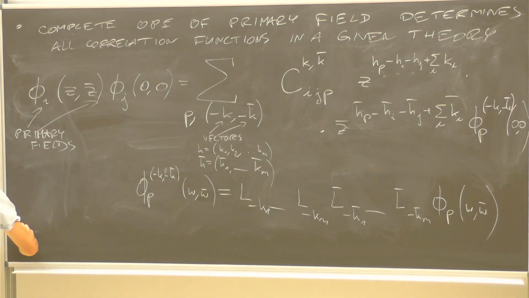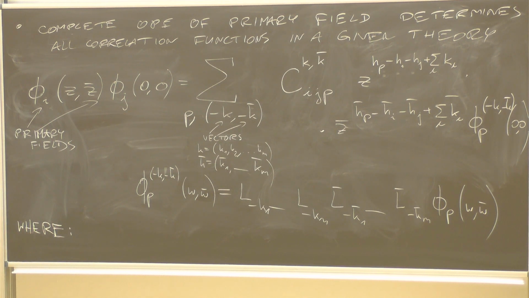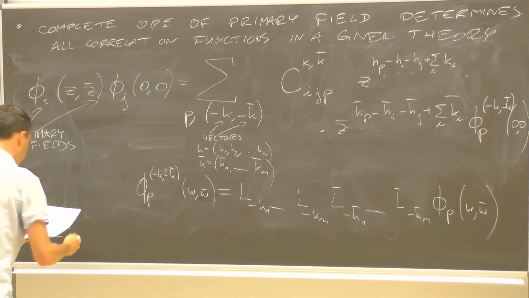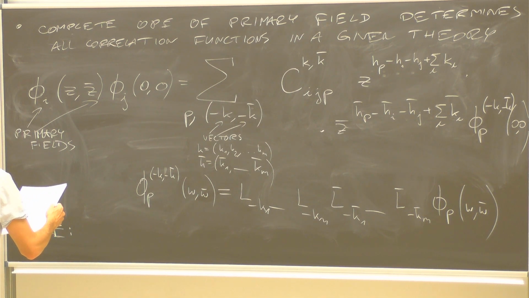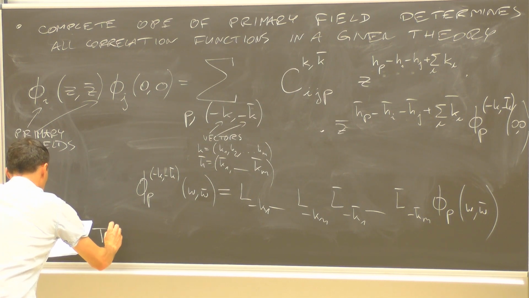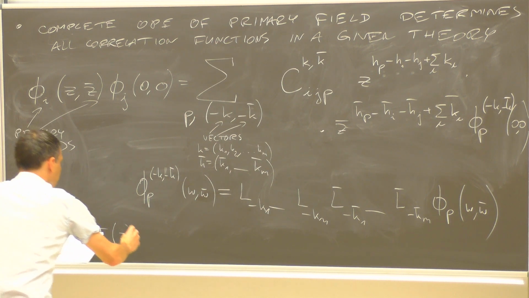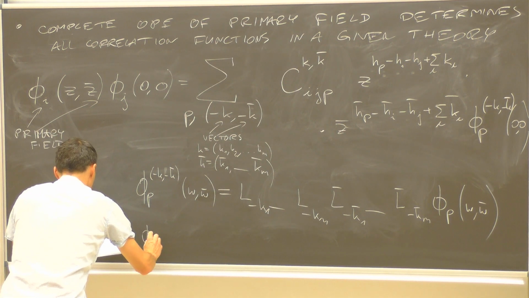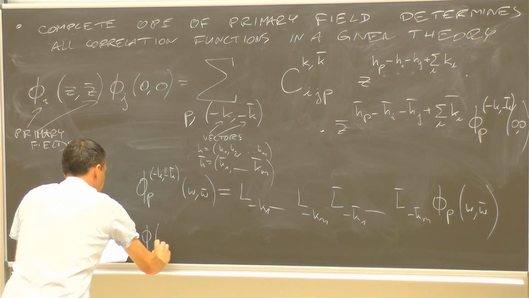So this is another piece of notation. It is in a sense analogous to this phi n that I introduced before. It is whatever you get, again, in the OPE of T with some field, any field phi.